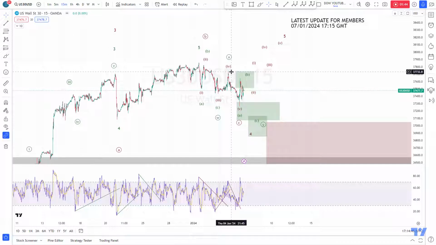this wave 4 had quite the deep retracement. Like we went quite high for a wave 4, so that's not really ideal.